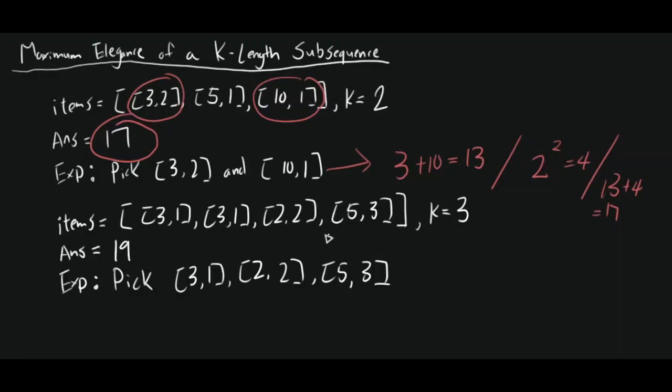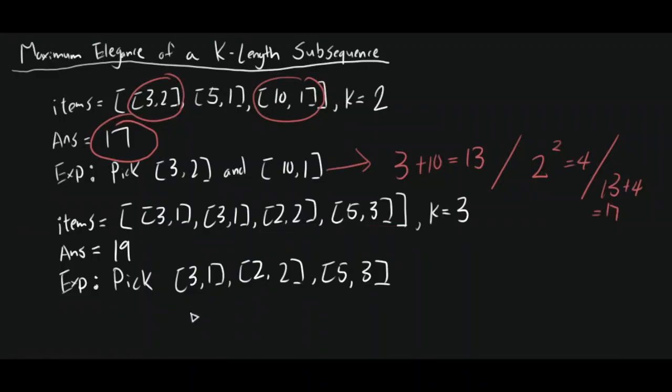Let's take a look at the second example. This time you are given an items array of 4 elements, and you are also given k equals 3. And the answer is 19. Why? It's because you can pick 3,1, 2,2, and 5,3.